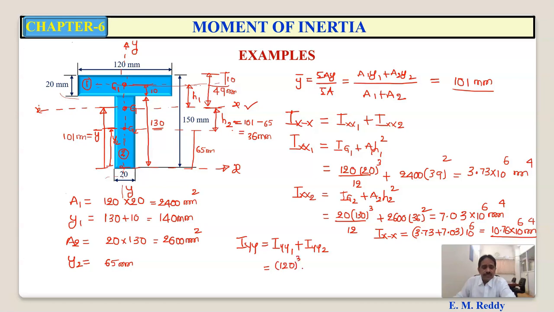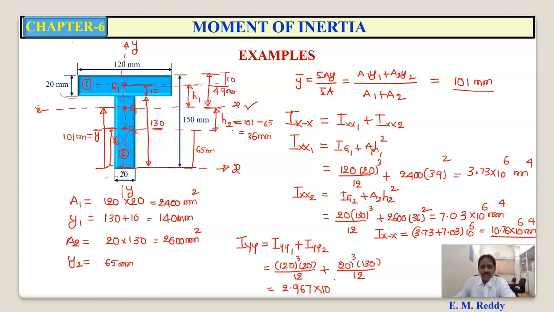So B cube d, d is 20, by 12 plus rectangle 2, B is 20 over here, right? B cube d, d is 130, by 12. So this gives you 2.967.